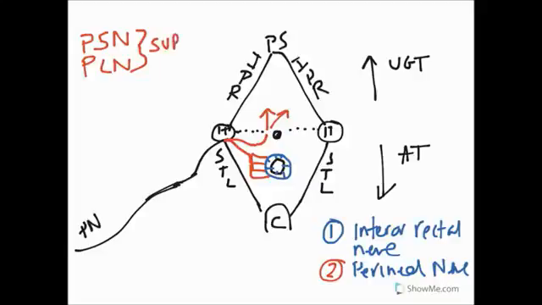So posterior scrotal nerve, posterior labial nerve is associated with the superficial branch of the perineal nerve. Okay, and that's number 2 here, as I've written down in the bottom right hand corner. It also has a deep branch, so the deep branch will also enter into the urogenital triangle.